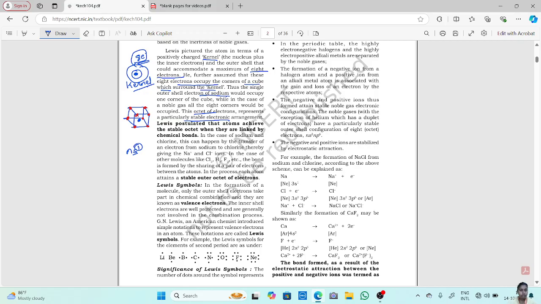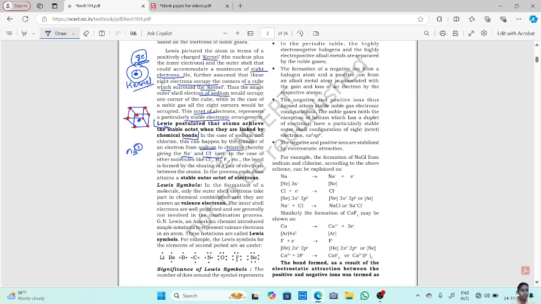Now Lewis postulated that atoms achieve the stable octet when they are linked by chemical bonds. In case of sodium and chlorine, this can happen by the transfer of an electron from sodium to chlorine, thereby giving Na+ and Cl- ions. Now, why sodium and chlorine?